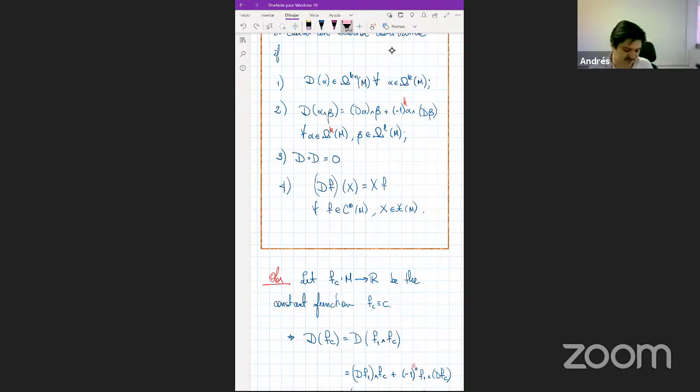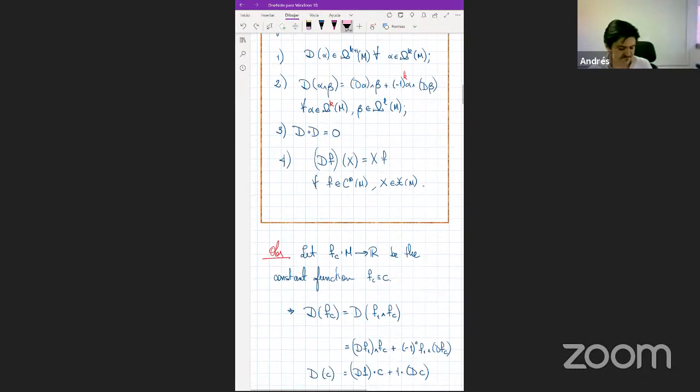That's why here, and the rest will remain. So that means the exterior derivative of the constant function c is the same as this.